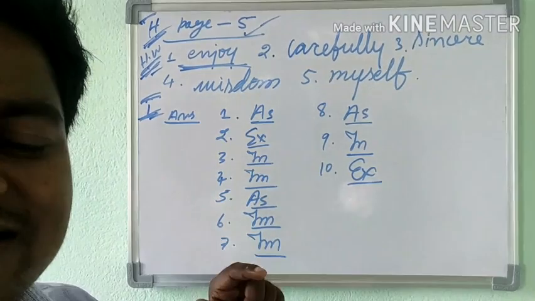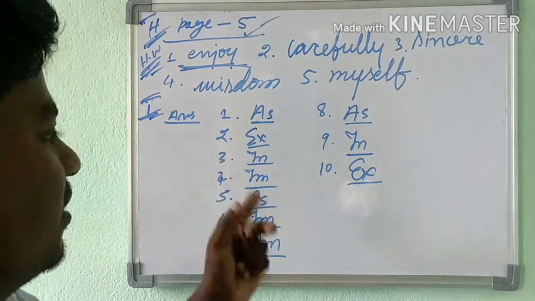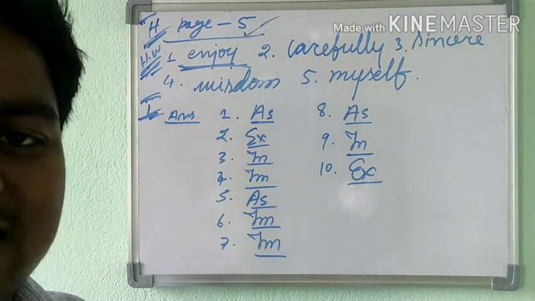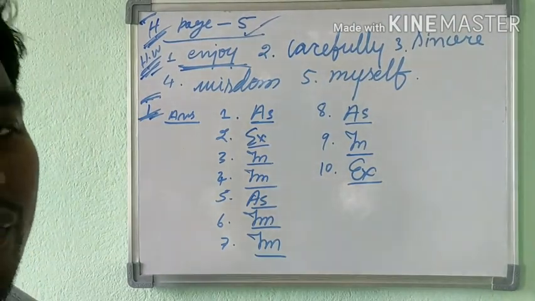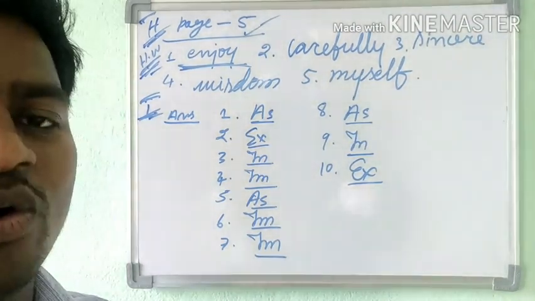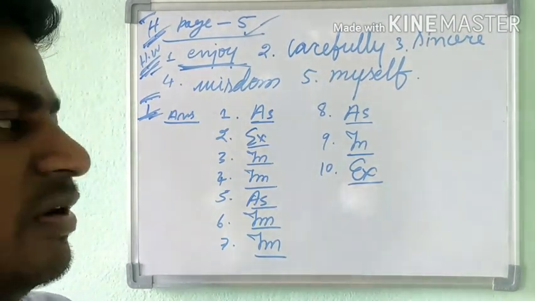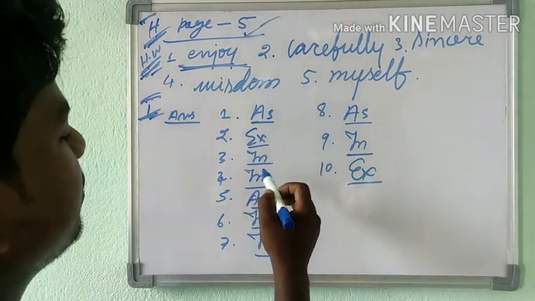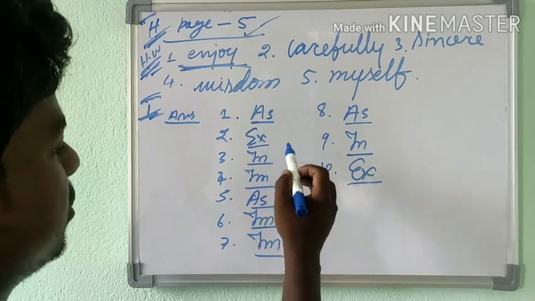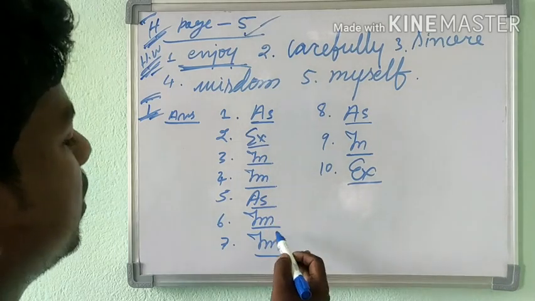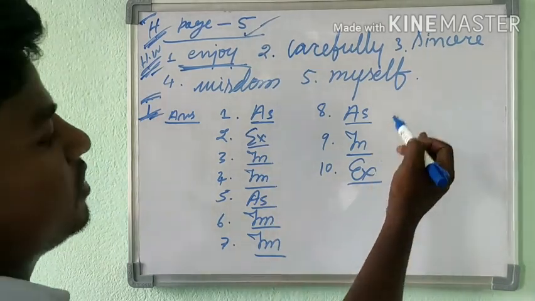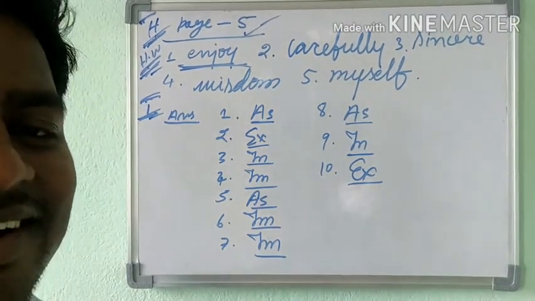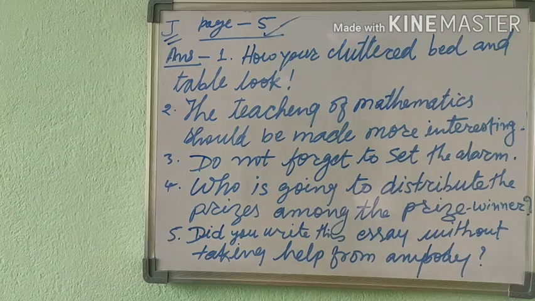Please read the sentences, but you also try to understand in which category they belong. Okay, good. So these are the answers. First one is assertive, then exclamatory, interrogative, imperative, assertive, imperative, imperative, assertive, interrogative, and the last one is exclamatory. Okay, this much.